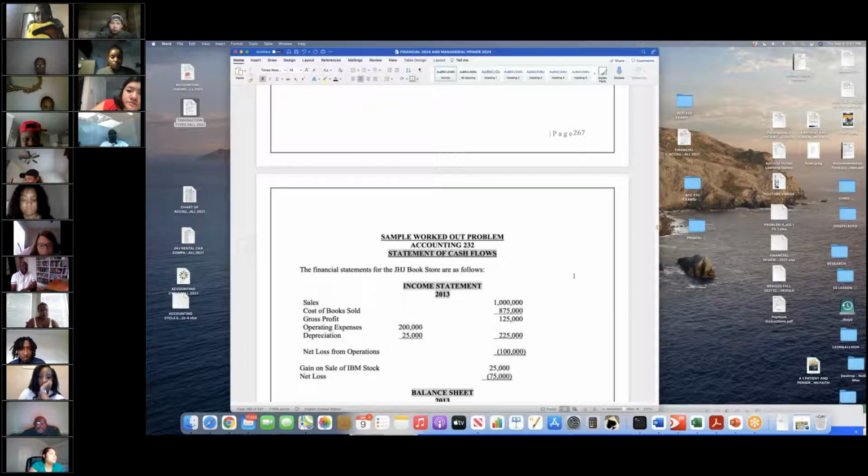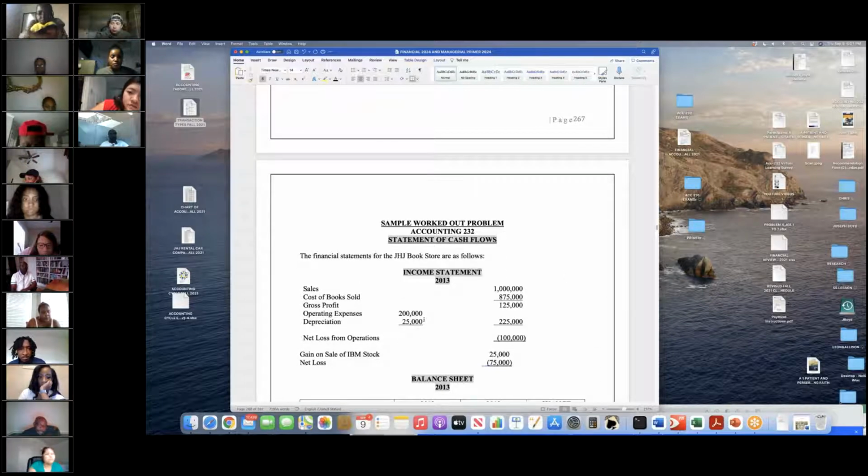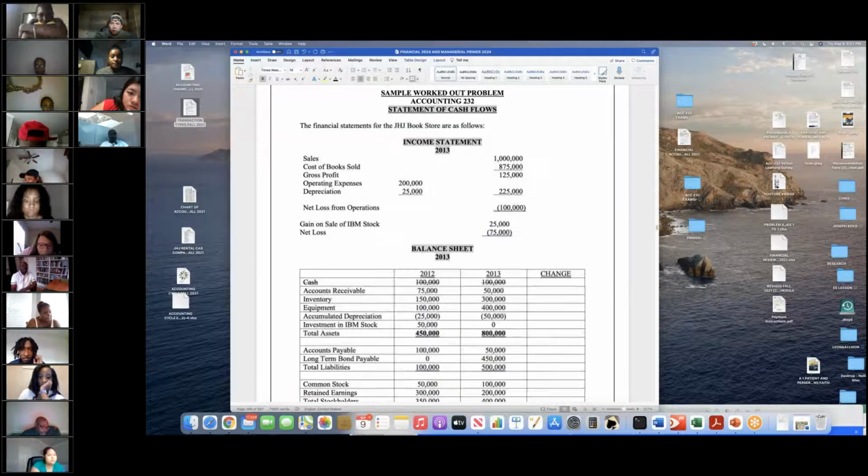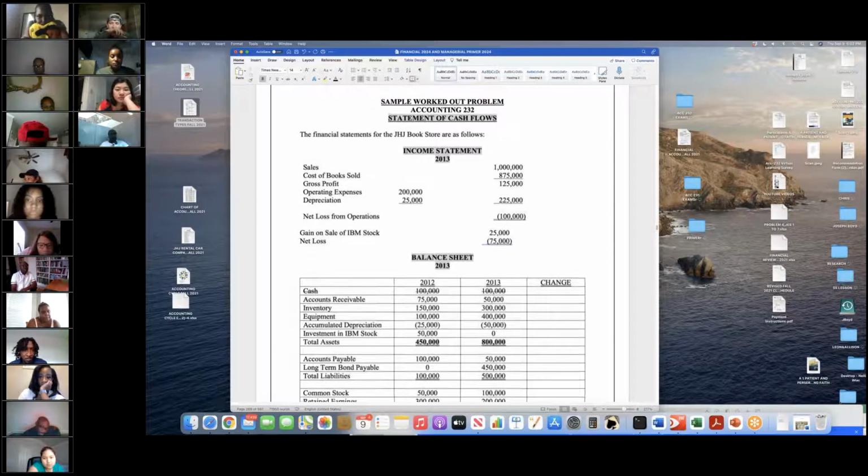And you can get that number 2 places. We got it here on the income statement, or you can look at the change in accumulated depreciation. But that change is 25,000.